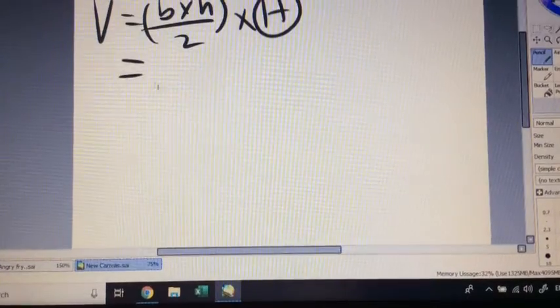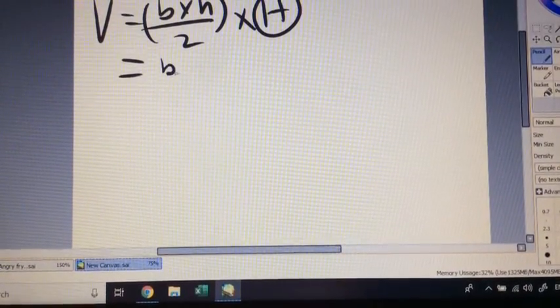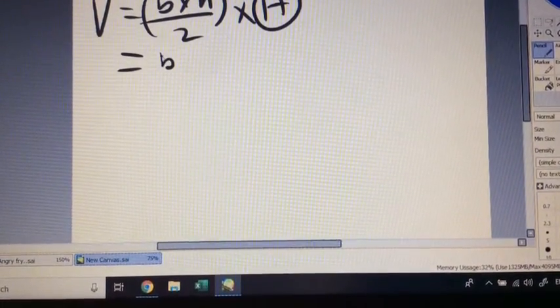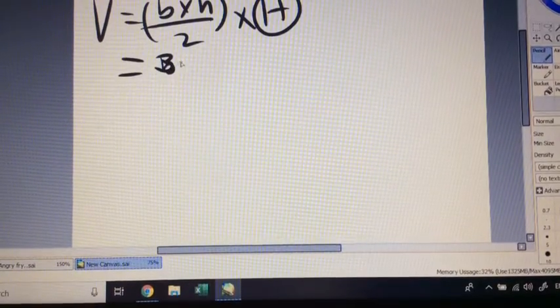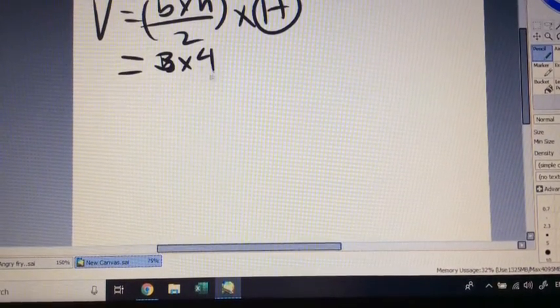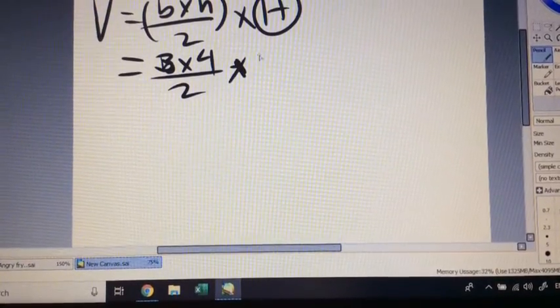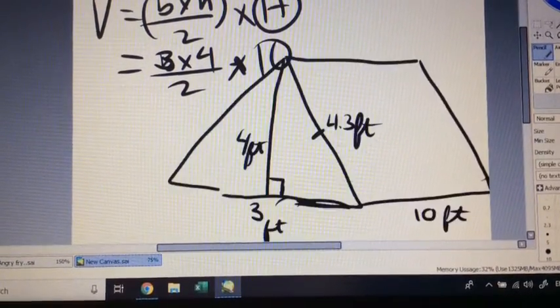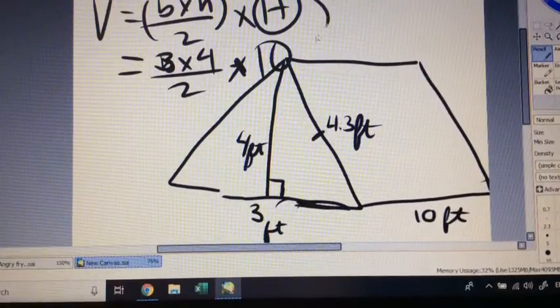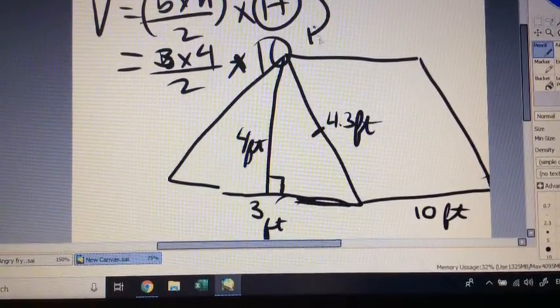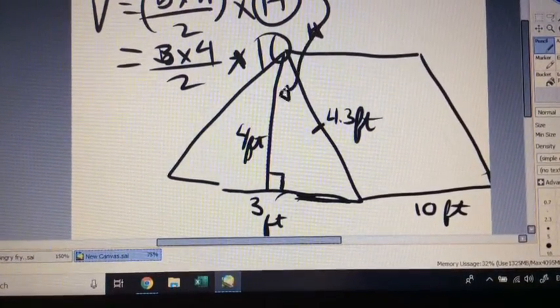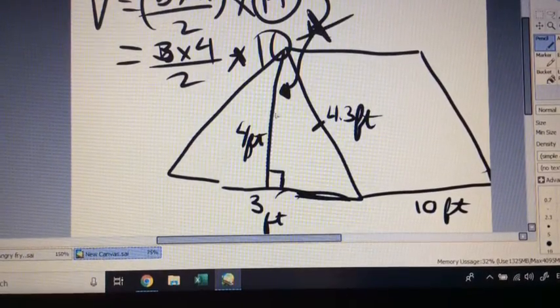Now let's continue. We just plug in the numbers. So it'll be 3 times 4 divided by 2 times 10. Remember, it's not the height of the triangle.